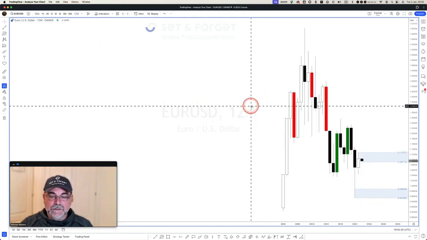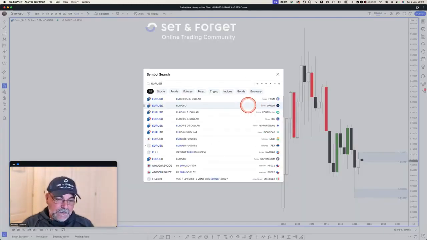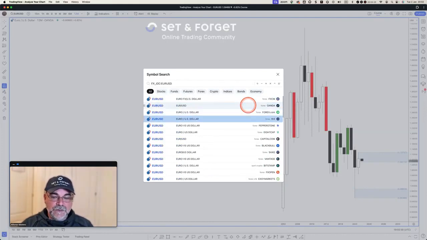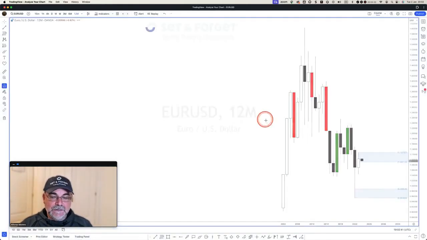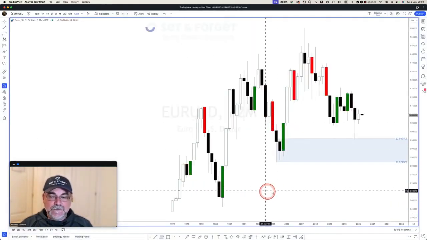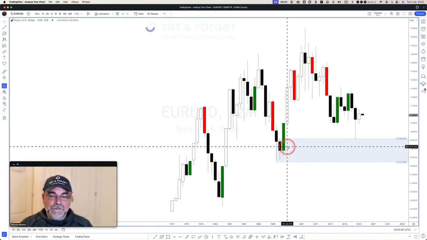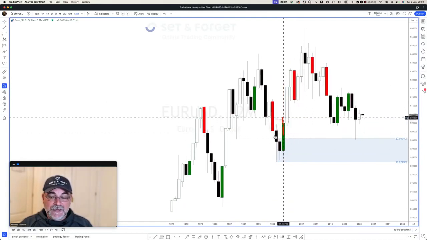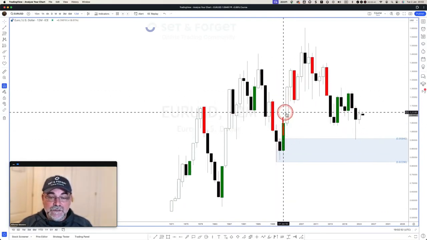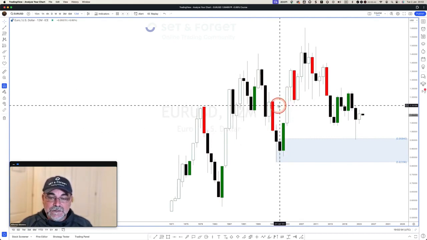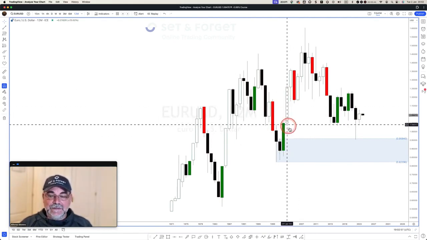So if we go here, oops, sorry, for the euro dollar this should use the ICE data, okay? So here we've got 12 months, a very strong amount. Each candlestick is 1 year of time, 365 days.